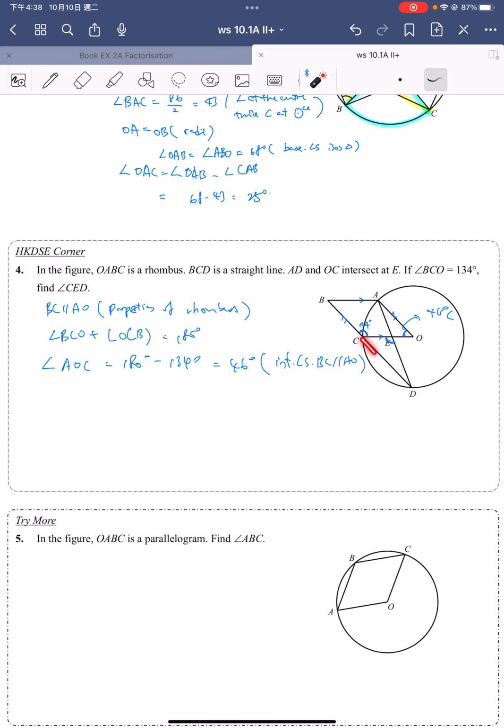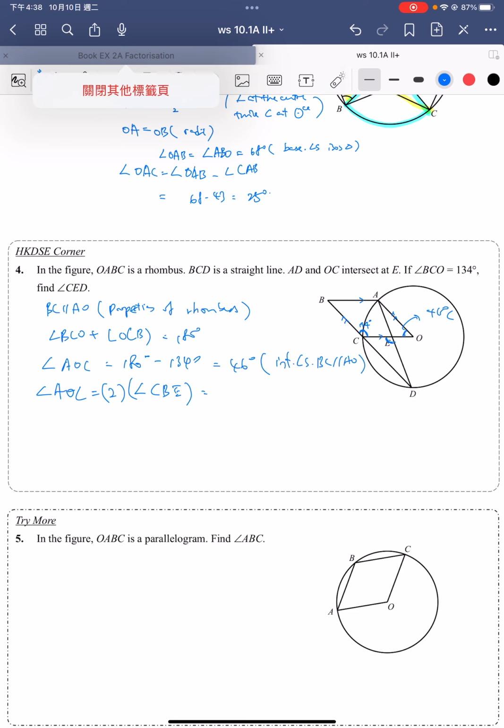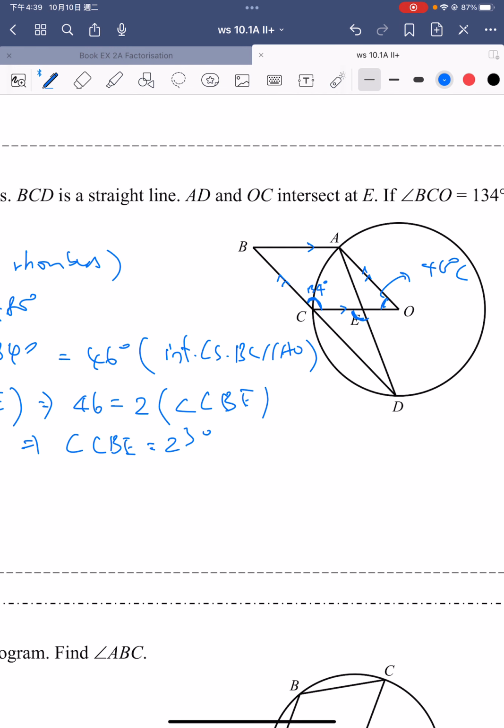We have the angle at the center, which is angle AOC, is double the angle CBE. So the angle AOC, which is 46, is equal to 2 times the angle CBE, which means that the angle CBE is equal to 23 degrees. So now this angle is going to be equal to 23 degrees.